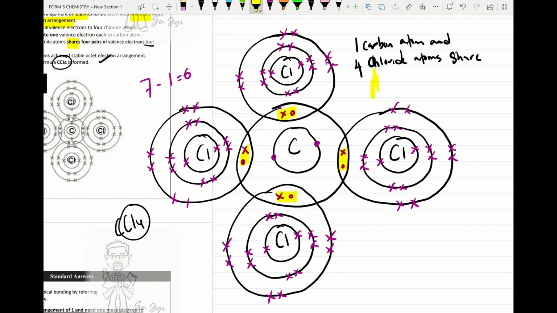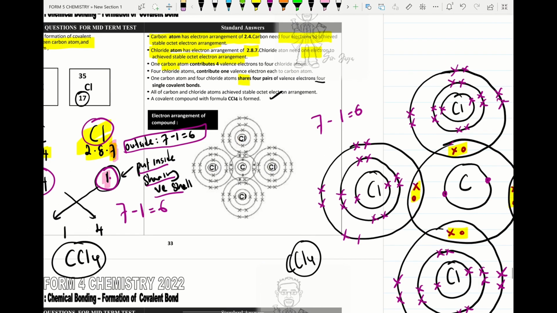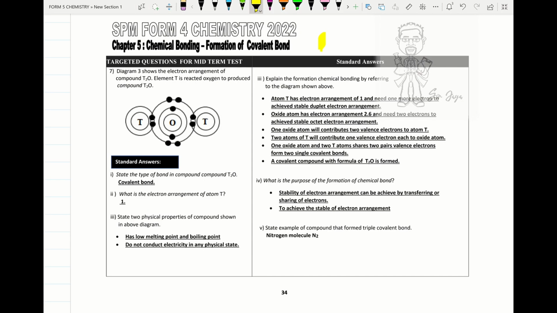They share 4 pairs of valence electrons and they form 4 single covalent bonds. So this is the point I described here. 1 carbon atom and 4 chlorine atoms share 4 pairs of valence electrons to form 4 single covalent bonds.